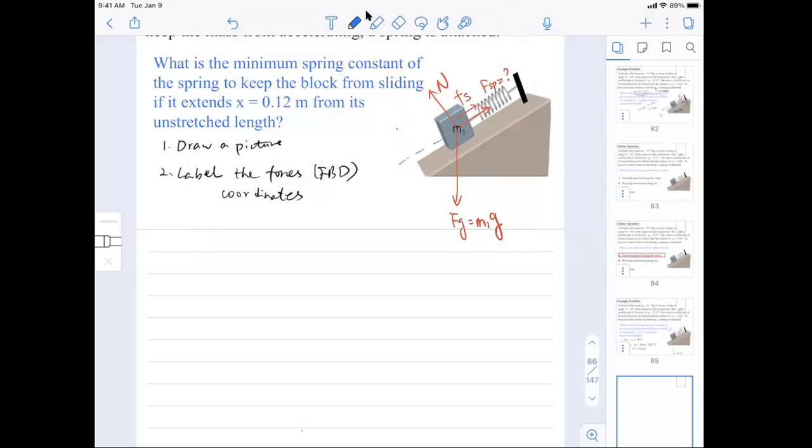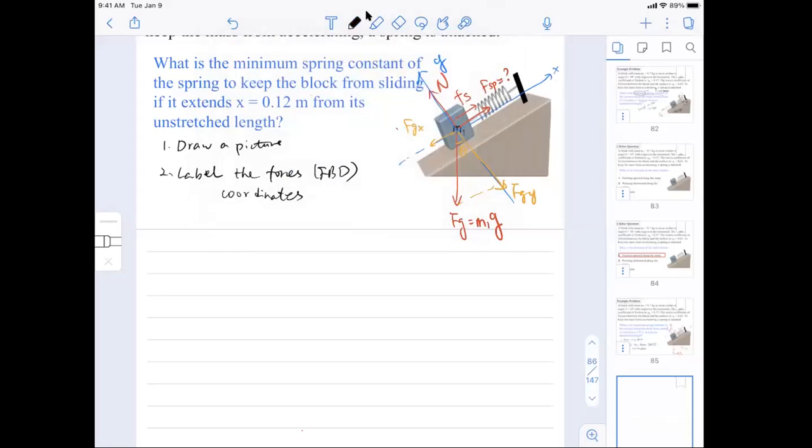I'm going to say x and y directions, okay? X is pointing along the ramp, y is pointing perpendicular to the ramp. So the component of gravity is Fg in the x direction, and you have Fg in the y direction. This is theta, okay? So I have all these forces.